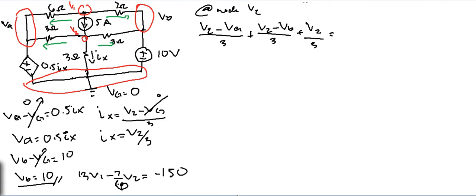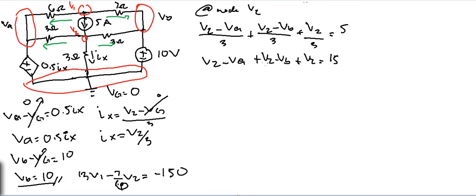And now we have the entering 5 ampere. So these are the leaving currents and this one is the entering one. Now we simplify the equation. As you can see, they are all 3, so 3 is our LCD. So we have V2 minus VA plus V2 minus VB plus V2 is equal to 15.